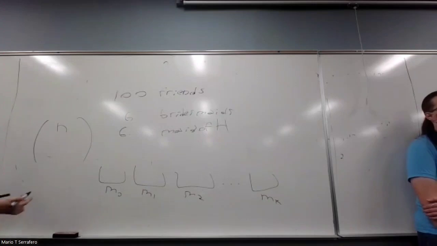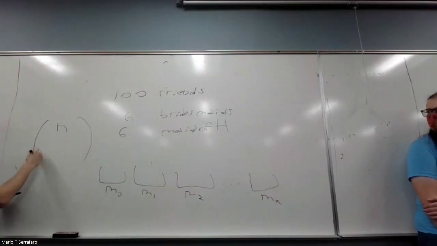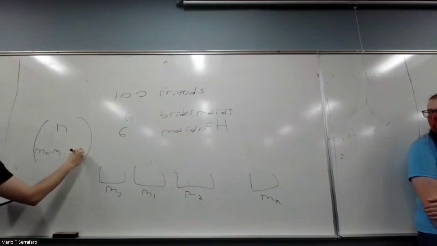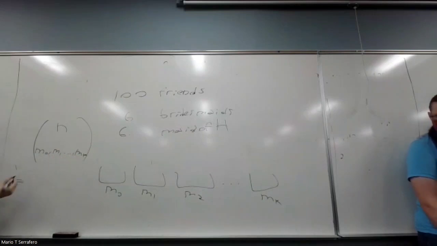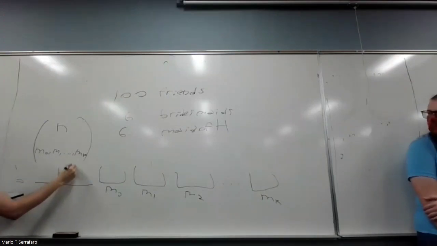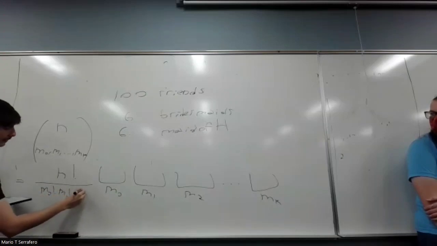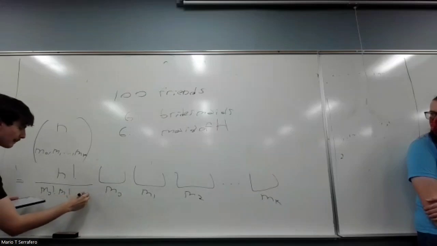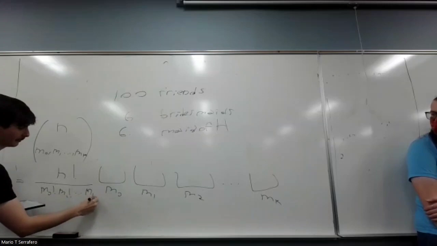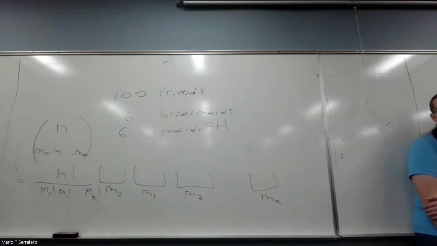Then we have this expression, n choose M0, M1, all the way to MK. This is how you write the notation, and it's equal to n factorial divided by M0 factorial, M1 factorial, and so on, up to MK factorial. As you can see, this will usually be a big number.